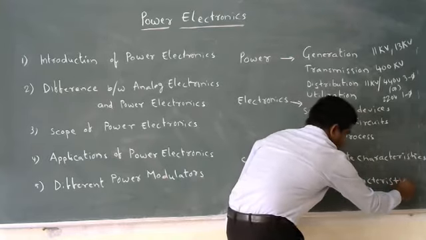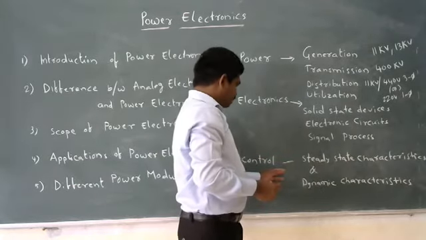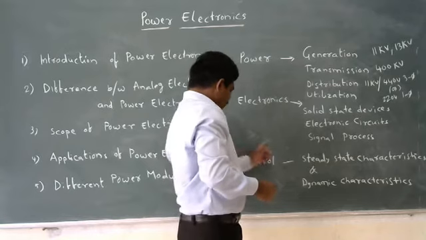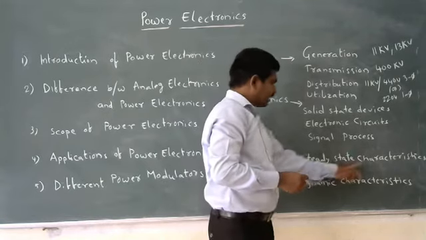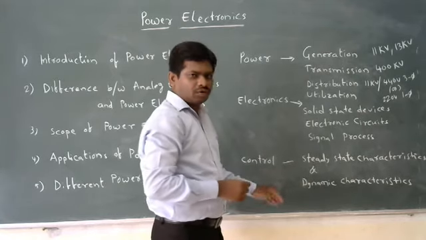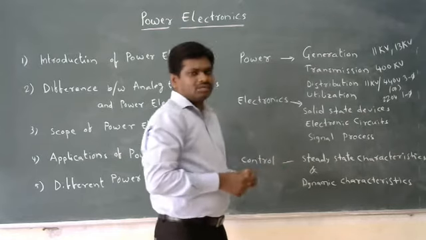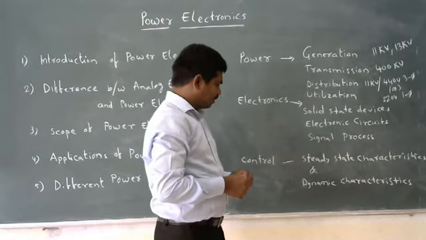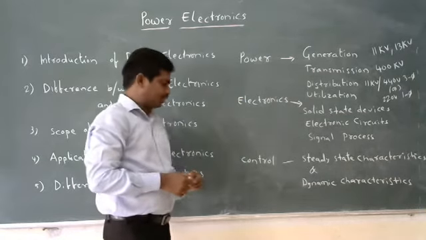Steady state characteristics and dynamic characteristics means what? When you go for controlling things, we are going to see the steady state characteristics of different types of solid state devices, how they behave, and what is the nature of the switching devices, and what is their dynamic characteristics, so why they are operated.